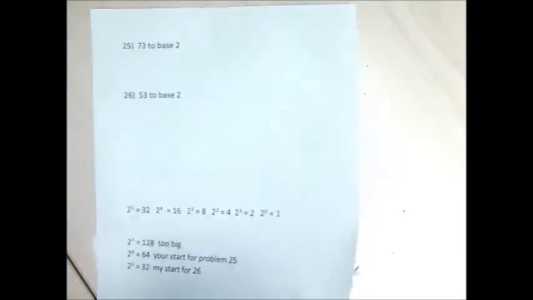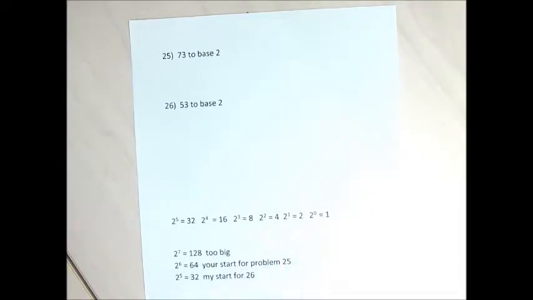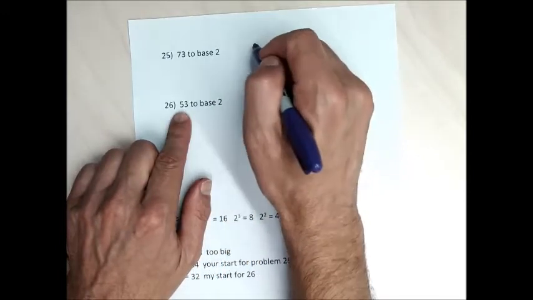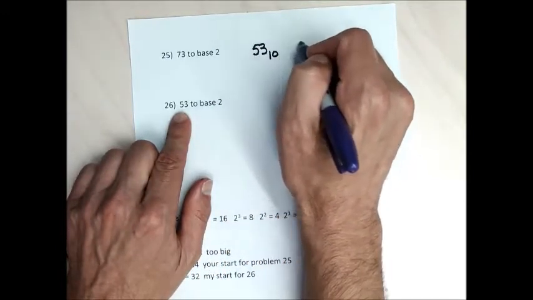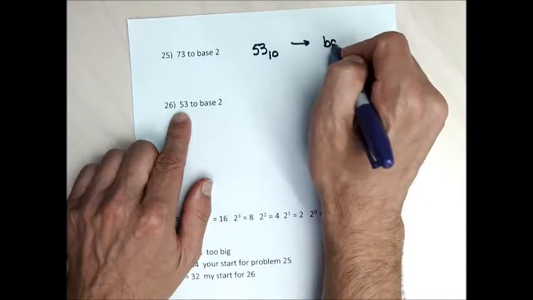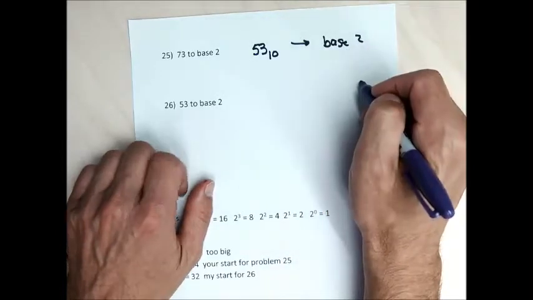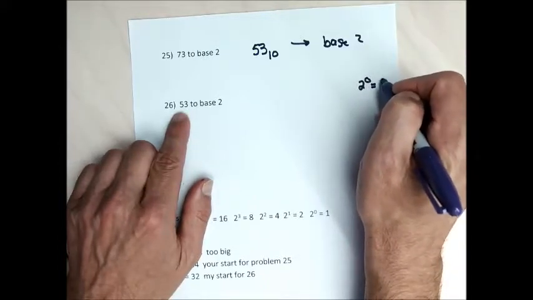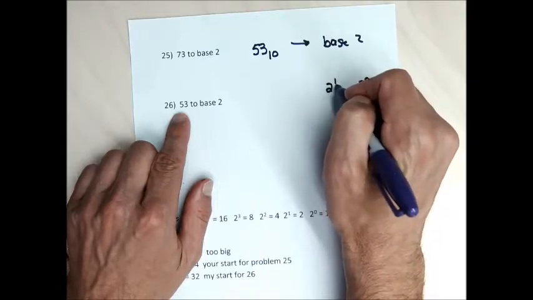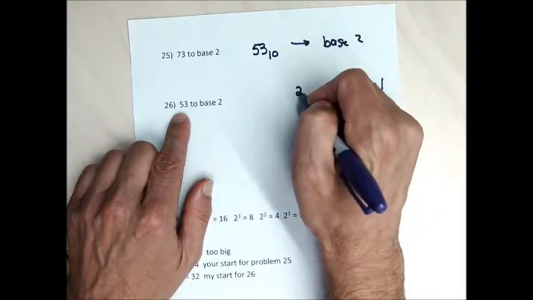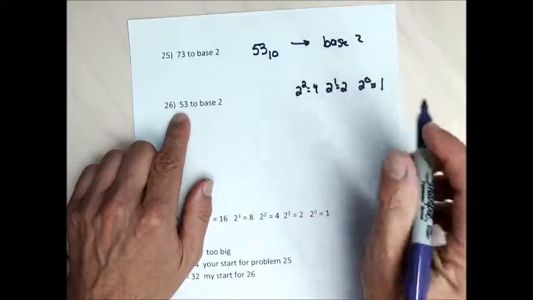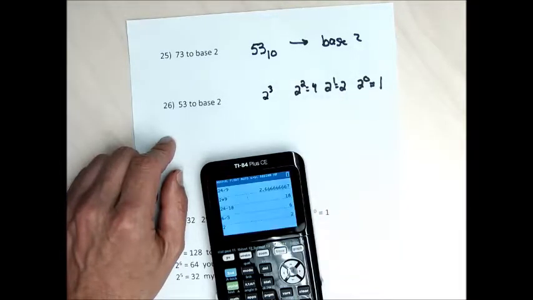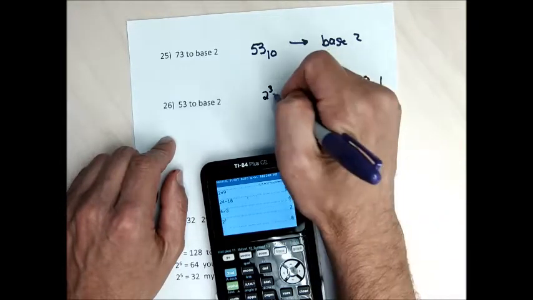So I'm going to do 26, and you might be able to do 25 already without me, but in order to do 26, to convert 53 base 10 to base 2, I need every power of 2 that's less than or equal to 53. 2 to the 0 is 1, 2 to the first is 2, 2 to the second power is 2 times 2, which is 4. And then maybe I'm getting into ones that you can't do in your head. So let me do 2 to the third power, which is 8.